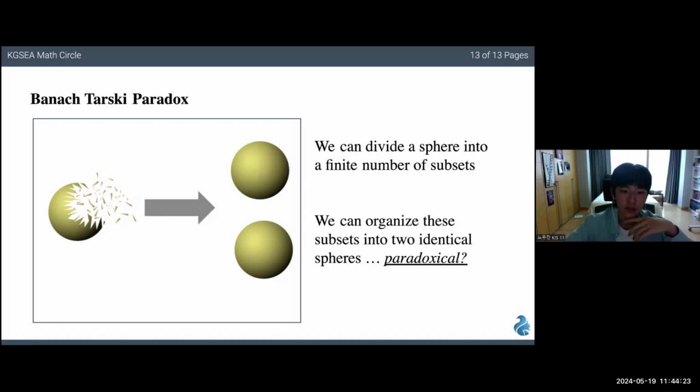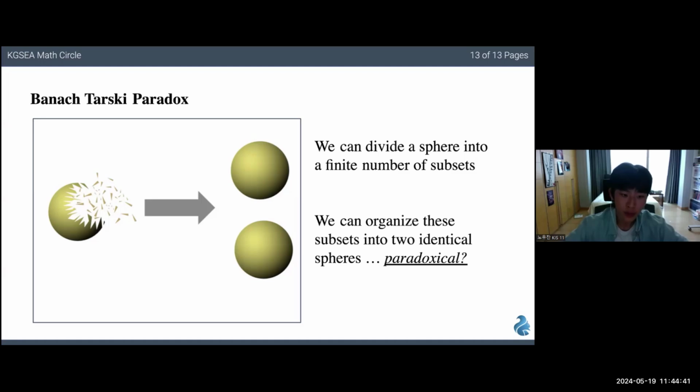This seems extremely paradoxical, as we're basically making something out of nothing, but using some complicated infinite set theorems and axioms that are really hard to understand for a high school student like me, we can prove this to actually be true.